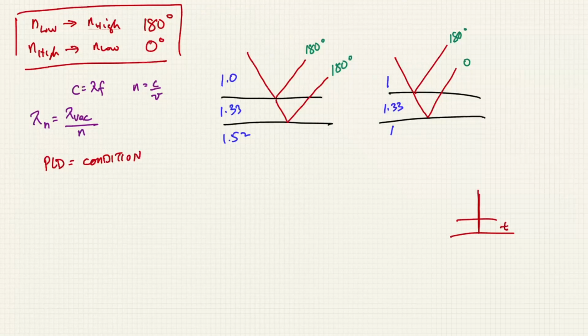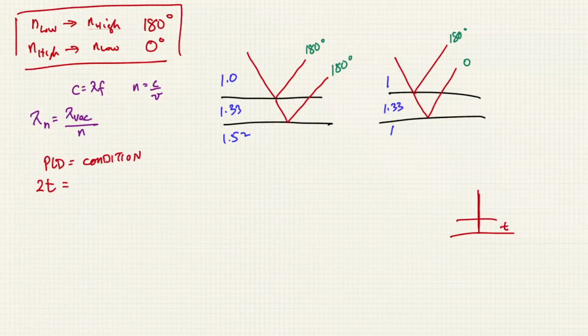So thinking about the straight up and down case, what would the extra distance be for a ray that comes straight down and then comes straight back up again? 2t. So our path length difference is 2t.